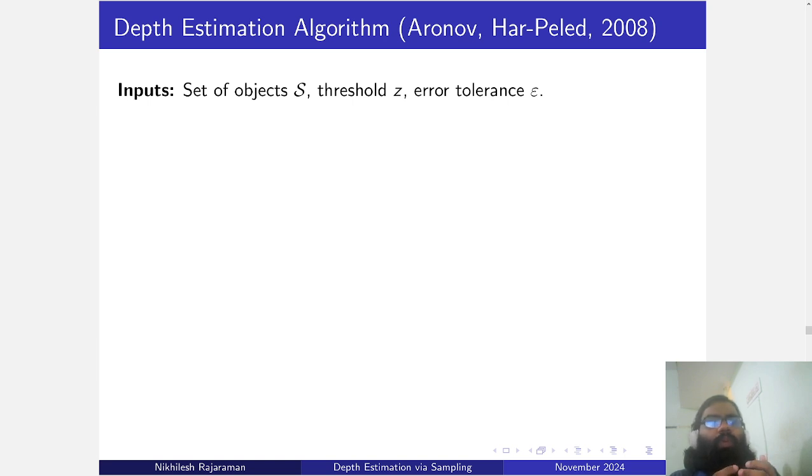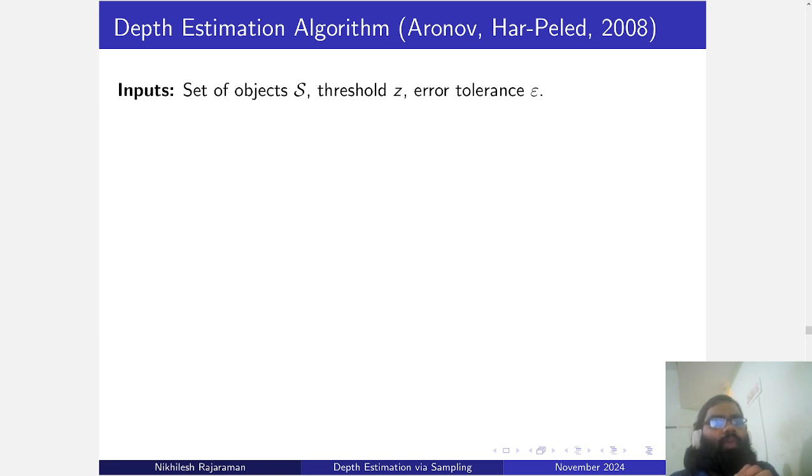For example, as we mentioned in the last video, for half planes there is an algorithm for solving emptiness, and we can use that algorithm as a subroutine and use this procedure to solve depth estimation as well.